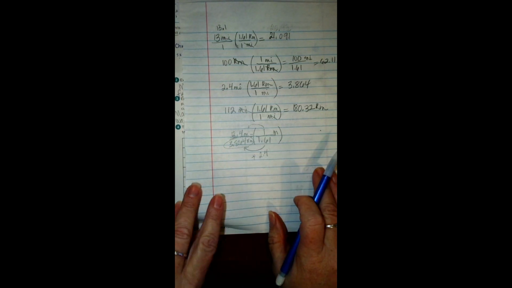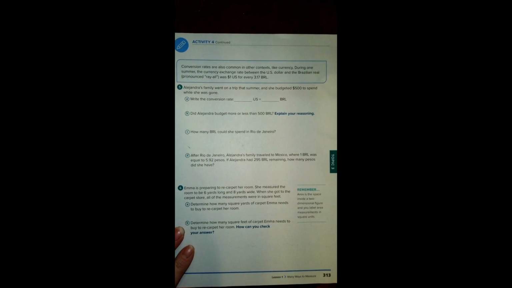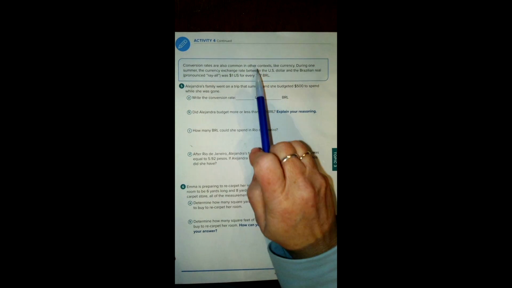Okay, moving on. On to page 313. Conversion rates are also common in other contexts, like currency, which is in other countries.